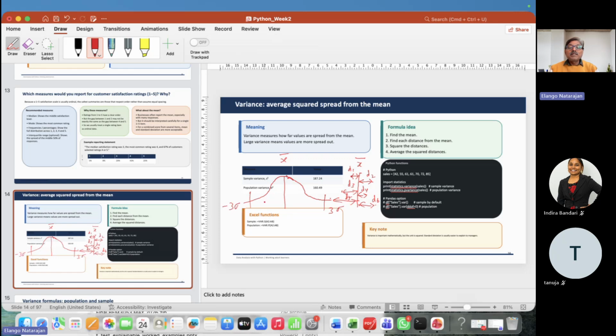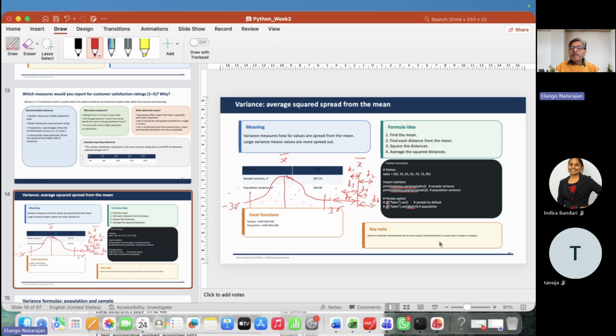Whatever the quality of your product within this range is an acceptable product. If the product has the measurement beyond this range, we don't accept. So this is how quality control is done in any company.